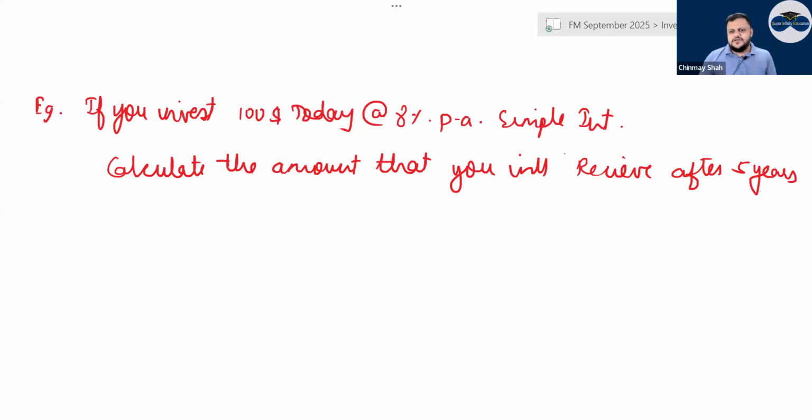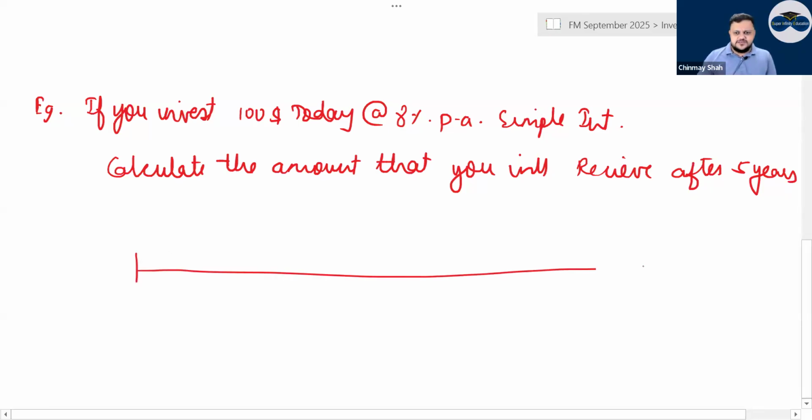Easy enough question. What is simple interest and what is compound interest? Compound interest we'll leave for now. Let's talk about simple interest, the very basic simple interest formula. $100 invested now, at the end of first year, second year, third year, fourth year, and fifth year.